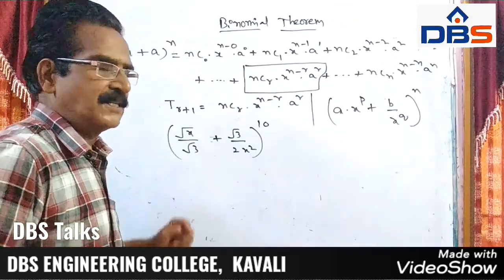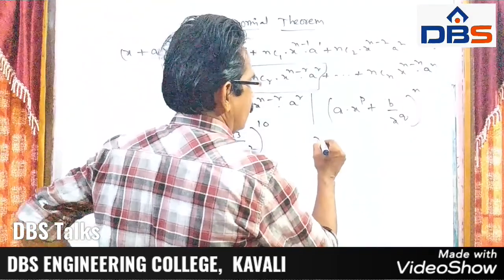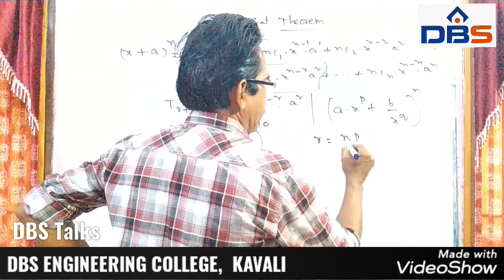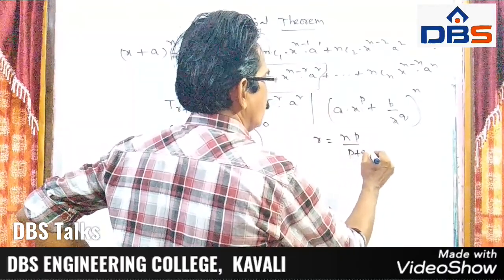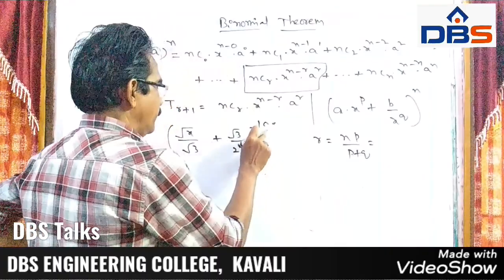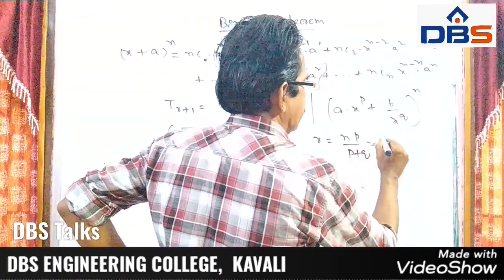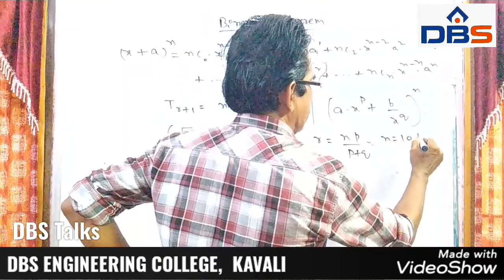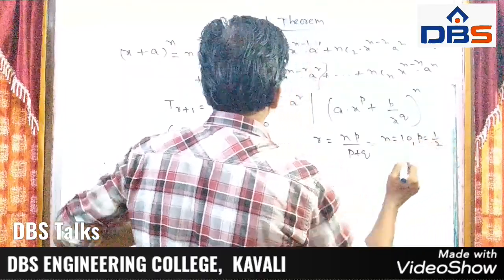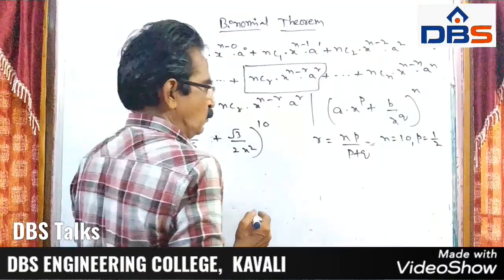Here let us find first r. R is equal to np by p plus q. Here I am writing the values, friends. N is equal to 10, p is equal to 1 by 2, root x means x power 1 by 2.